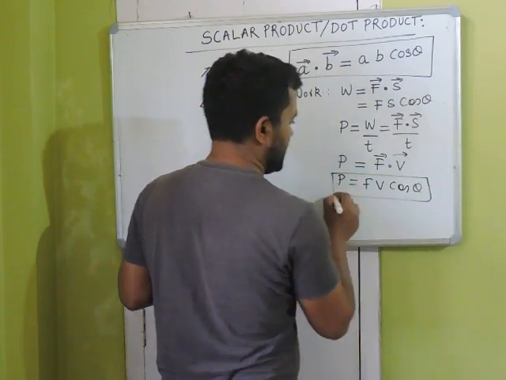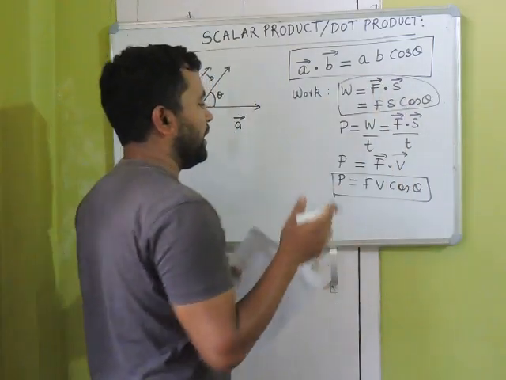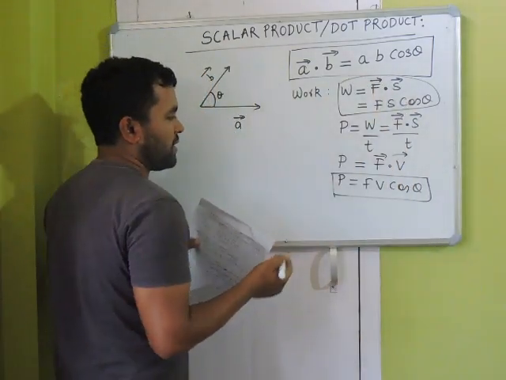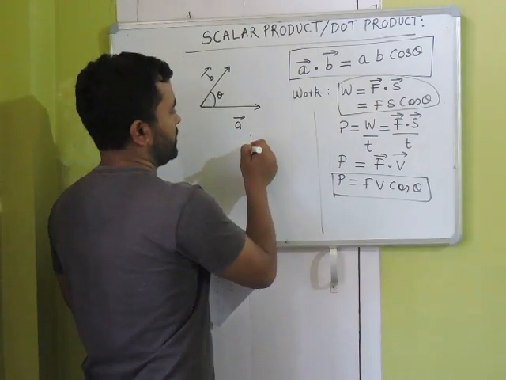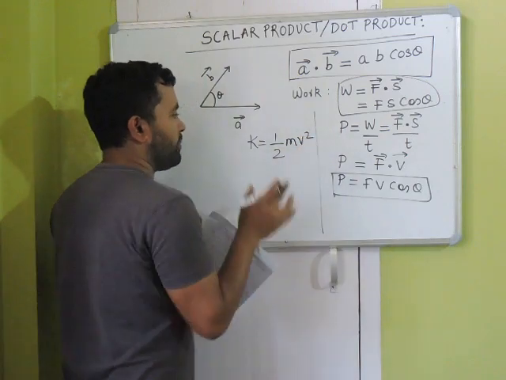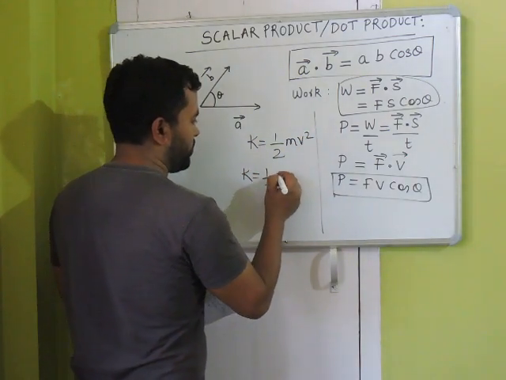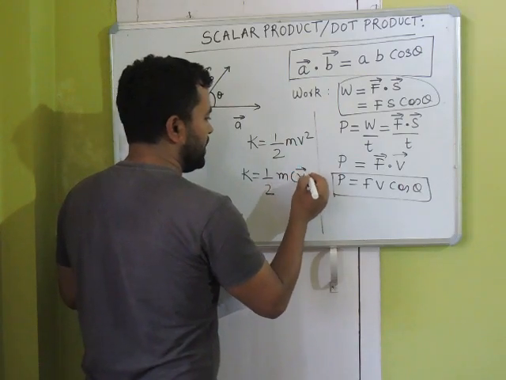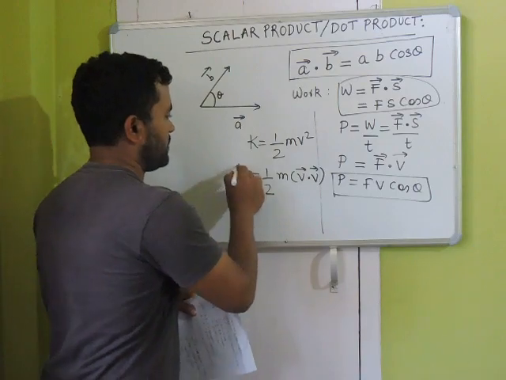So this is one formula, this is another, and one more, let us write kinetic energy. Kinetic energy is generally written as half m v square, but actually it should be written as half m v dot v.